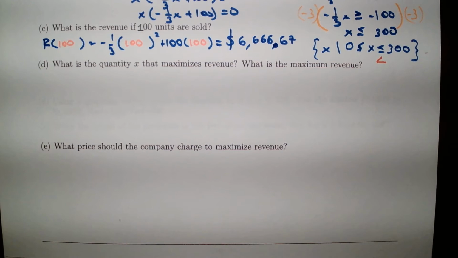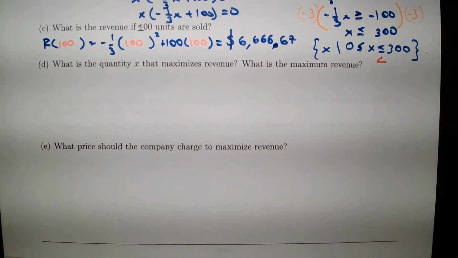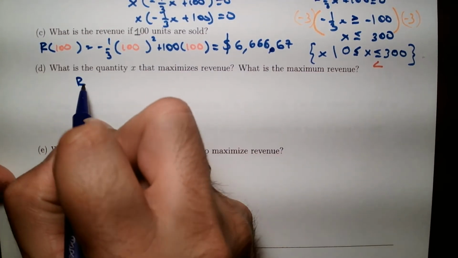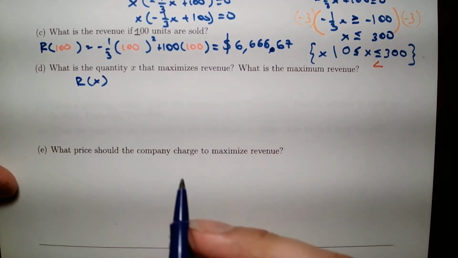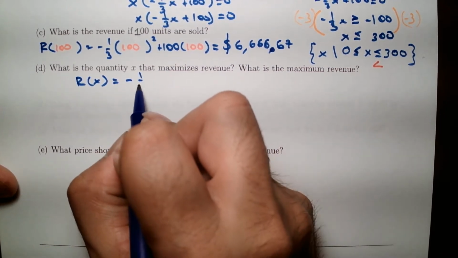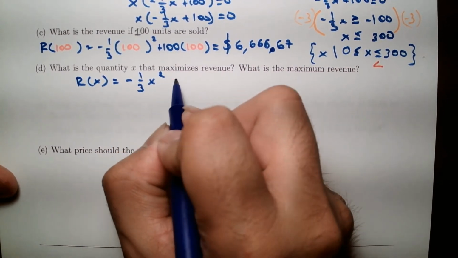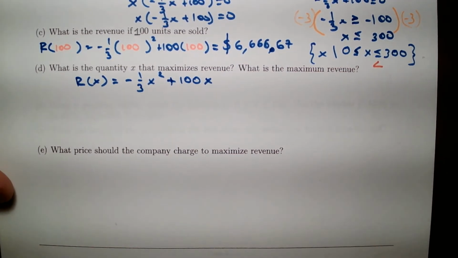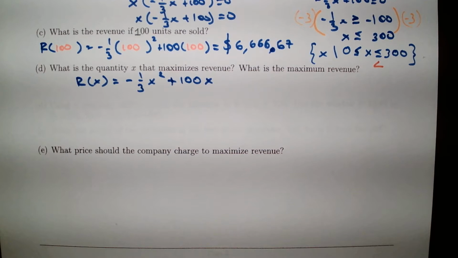Part D: what is the quantity x that maximizes the revenue, and what is that maximum revenue? Well, from the revenue function that I'm going to write again just so you can see it, we need to find the maximum of this revenue function. How do we do that? Well, we need to use the vertex formula.